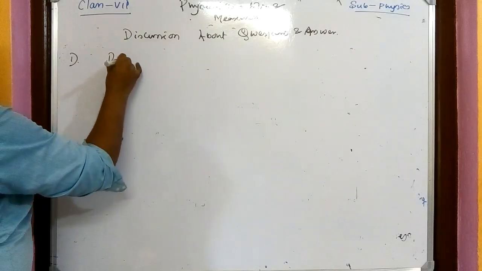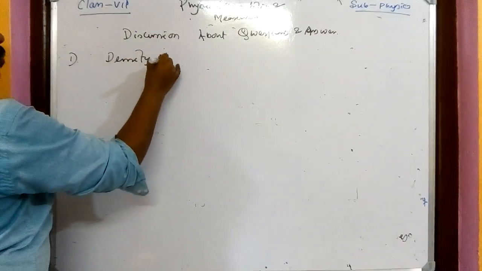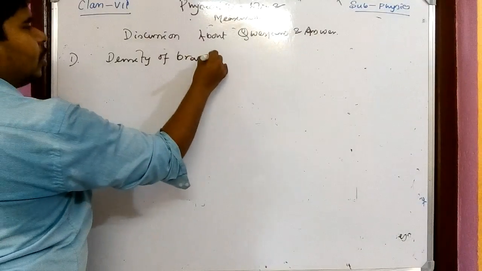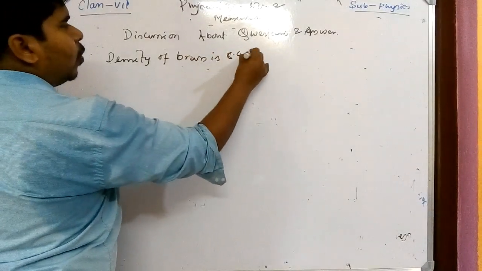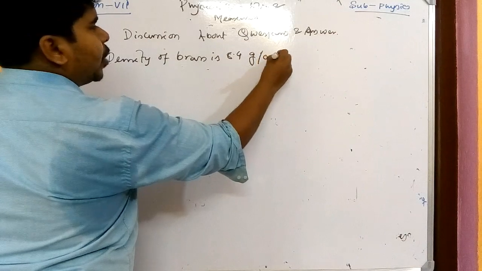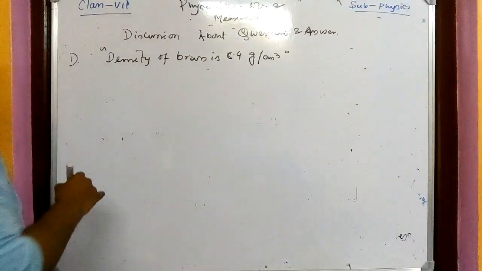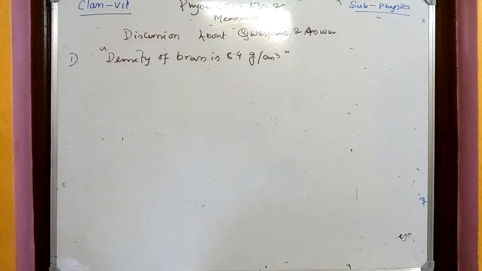The density of brass is 8.4 gram per centimeter cube. What do you understand by the statement? It's a very common question.